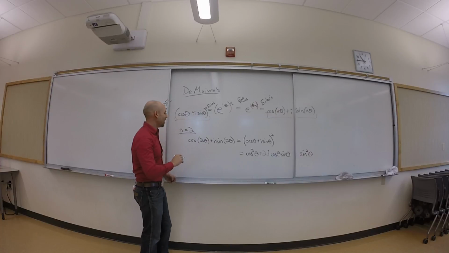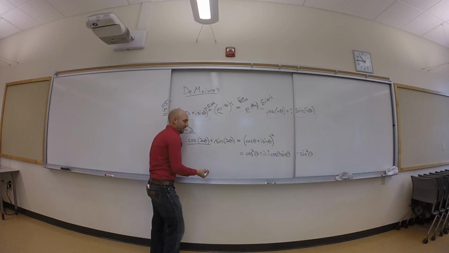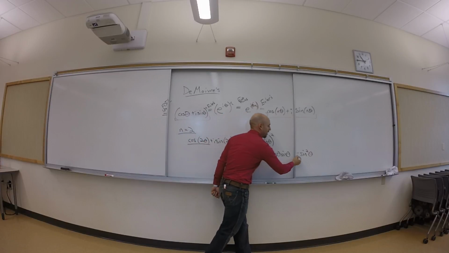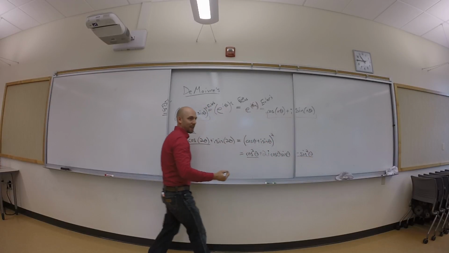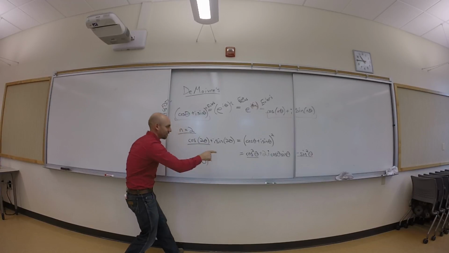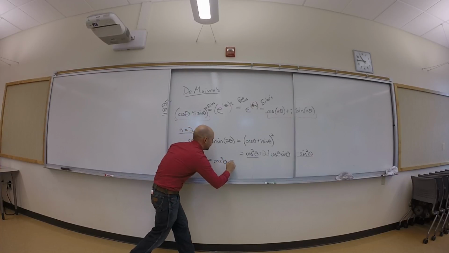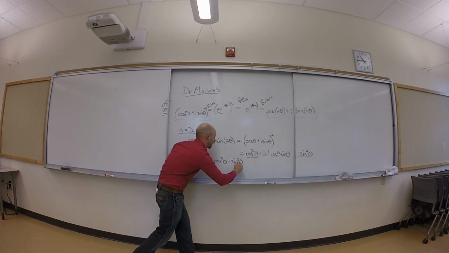Then notice that the x bit over here and the x bit over there have to be the same. So you dig out of it that cosine of 2 theta is cosine squared theta minus sine squared theta.